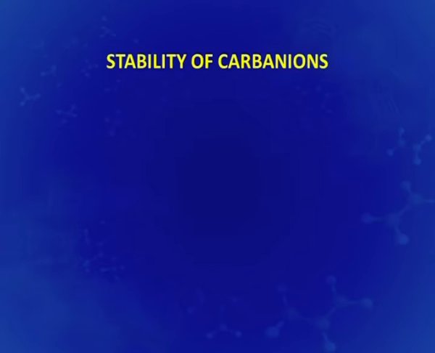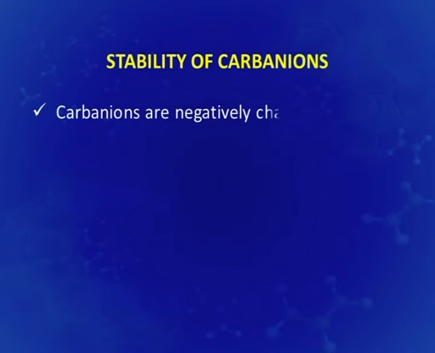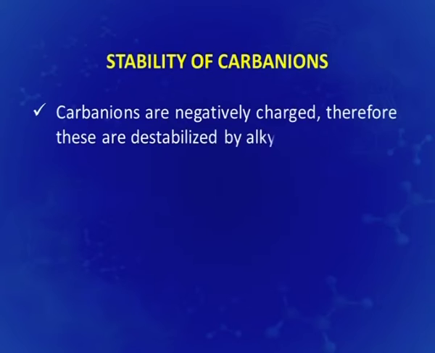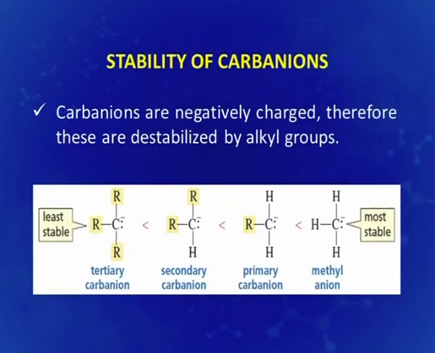The stability of carbanions also depends on a number of factors. Because they are negatively charged, these are destabilized by alkyl groups. You can understand, because the alkyl groups are electron donating. So, instead of sharing the negative charge, they would load this carbon atom with the pre-existing negative charge.